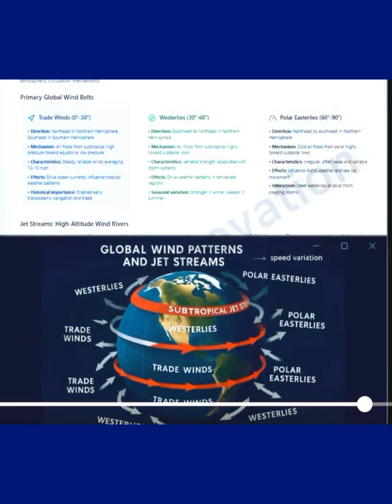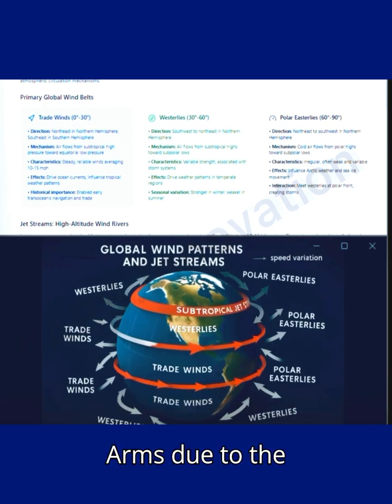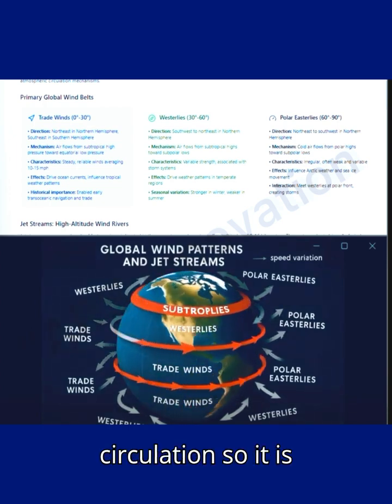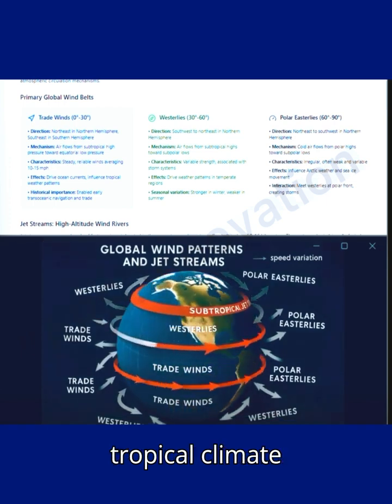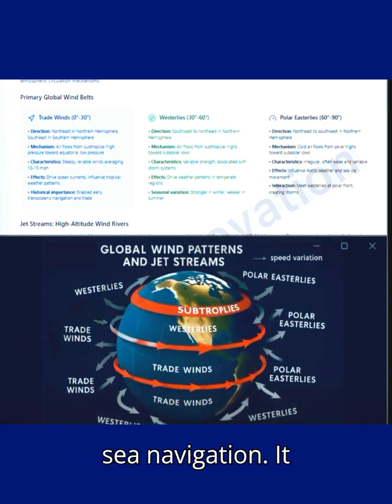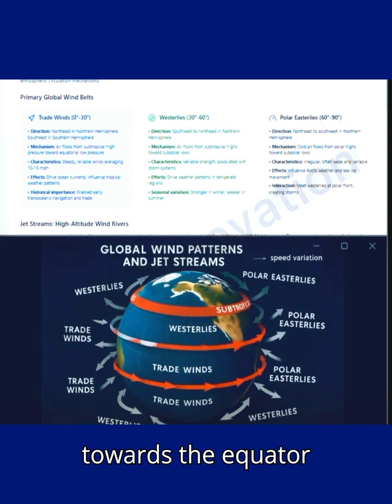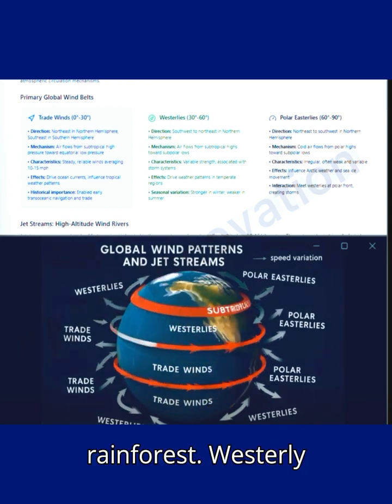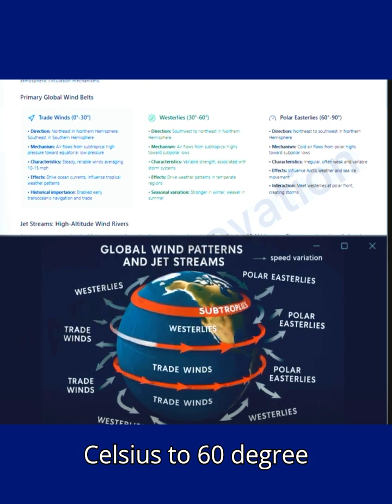This forms due to the Hadley circulation. So it's important for tropical climate systems and yearly sea navigation. It brings moist air towards the equator, helping the tropical rainforest.